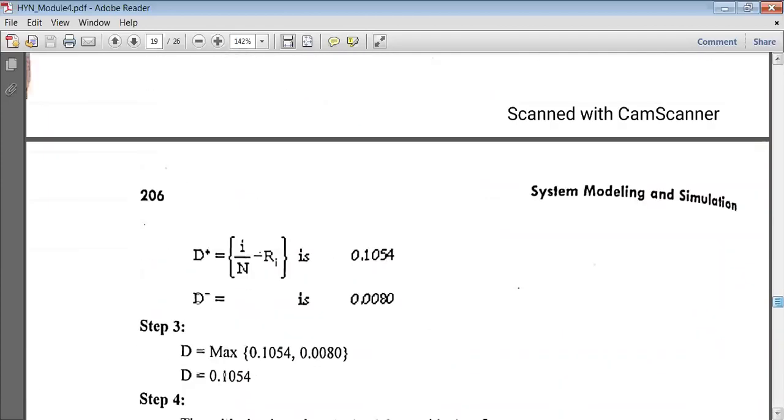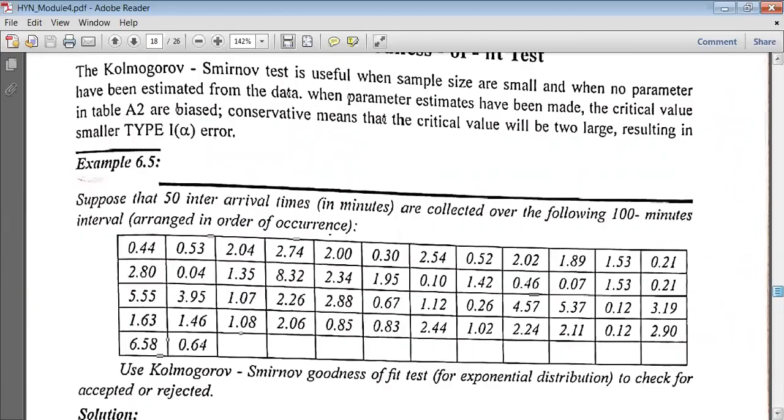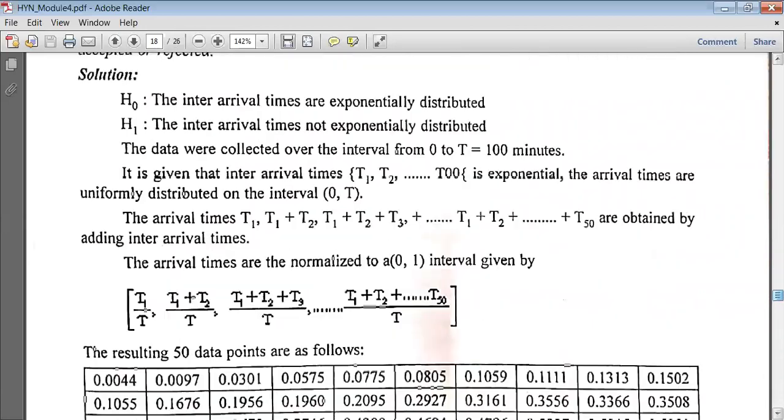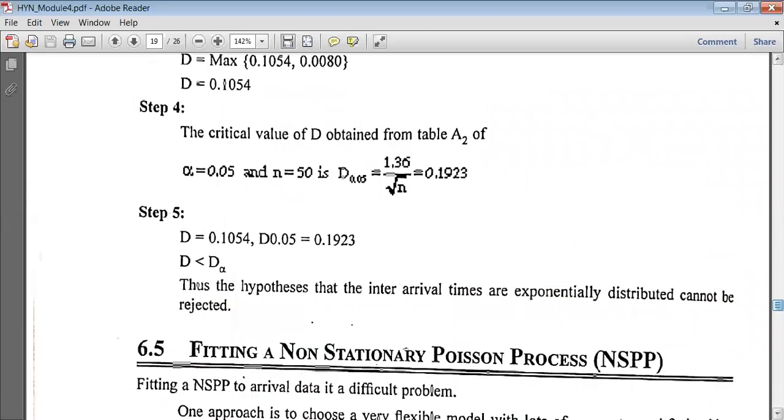That means we are checking whether they are exponentially distributed by making use of the KS test. Cannot be rejected means you are accepting that the data is exponentially distributed.